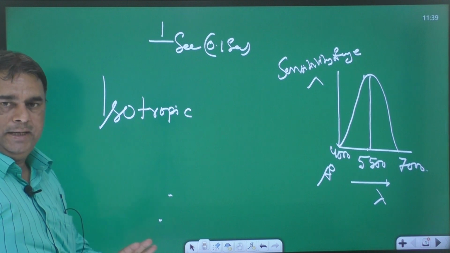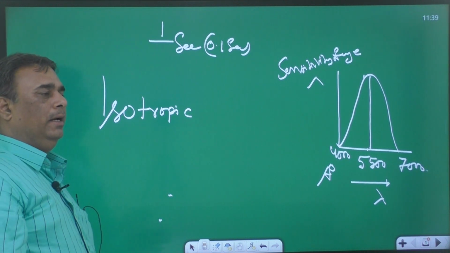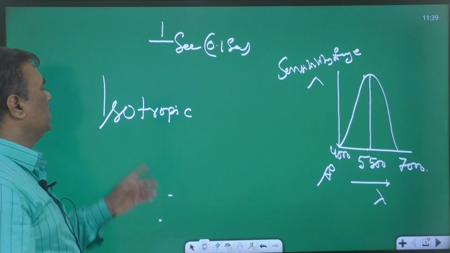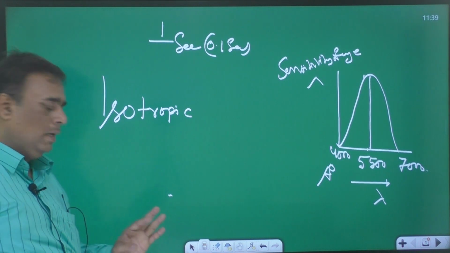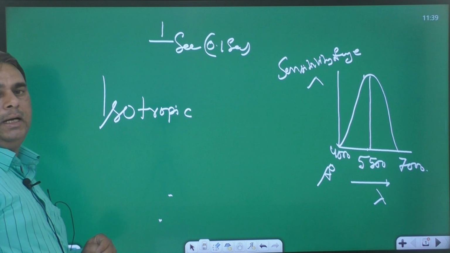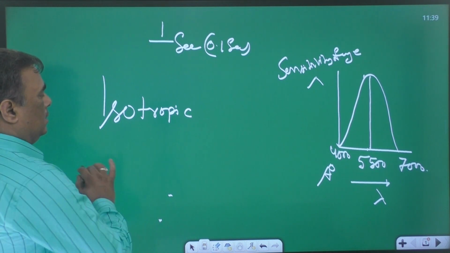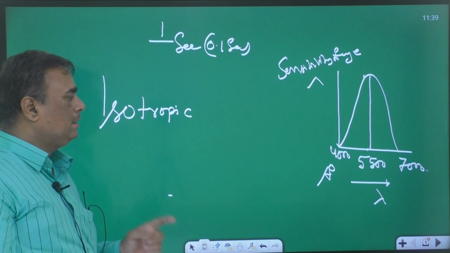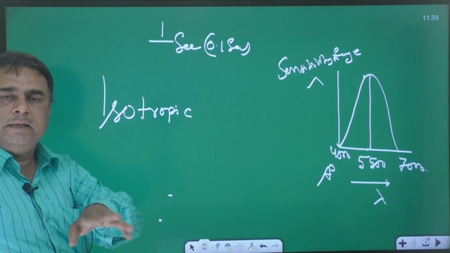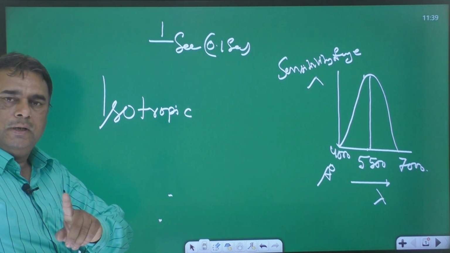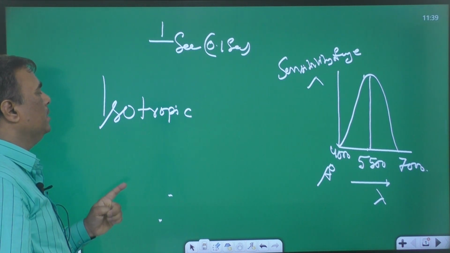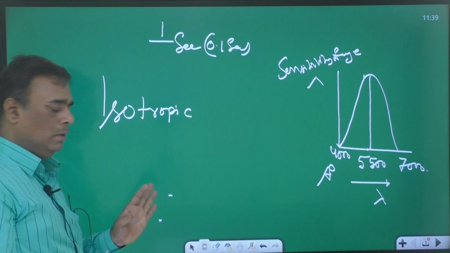If the speed of light is the same in all directions in a medium, such a medium is called isotropic. Examples are water and glass. If the speed of light is the same in all directions in a medium, like water and glass, such a medium is called isotropic.